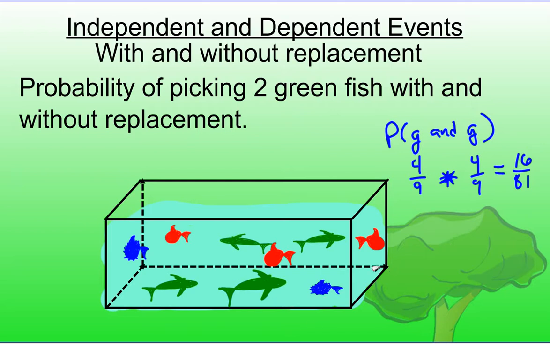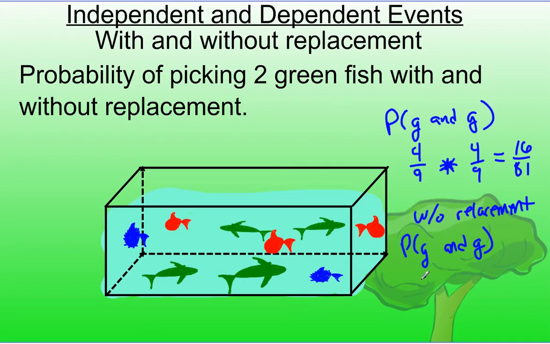Now, if we're talking about without replacement, probability of a green fish and another green fish. Now think about this. First off, what's the chance of getting a green fish? From the fish tank, it's 4 out of 9. Now, let's say we take one green fish, we take it out, and we leave it out.